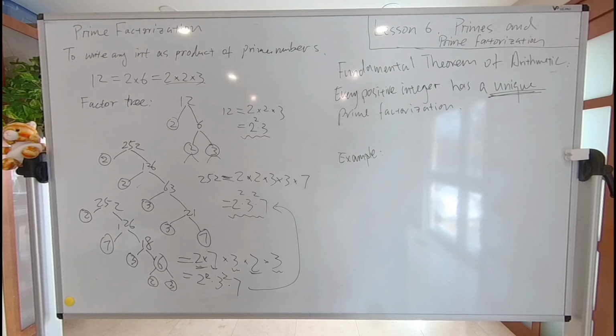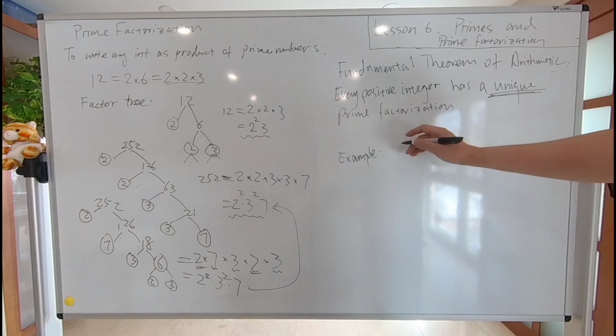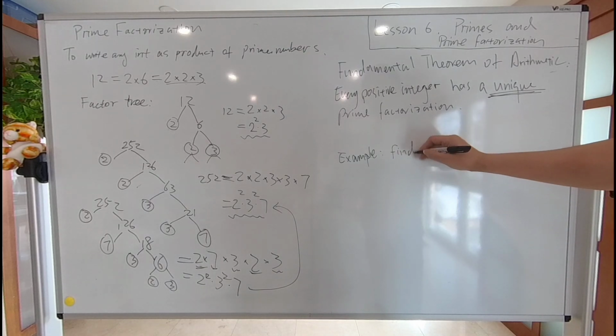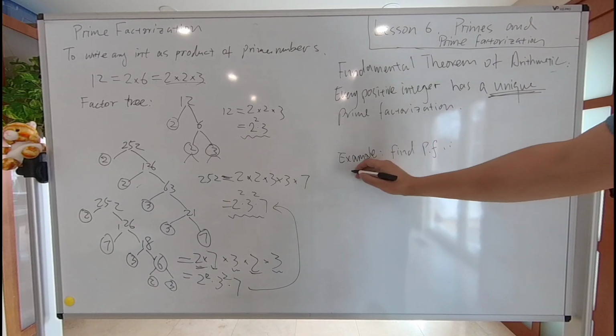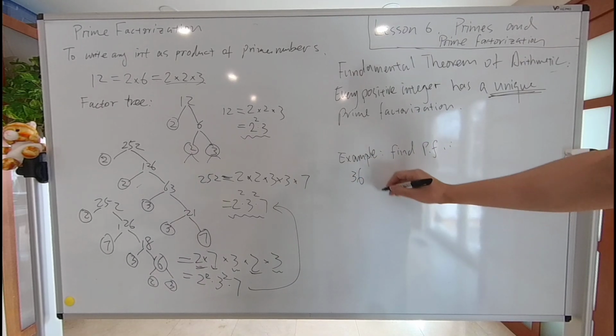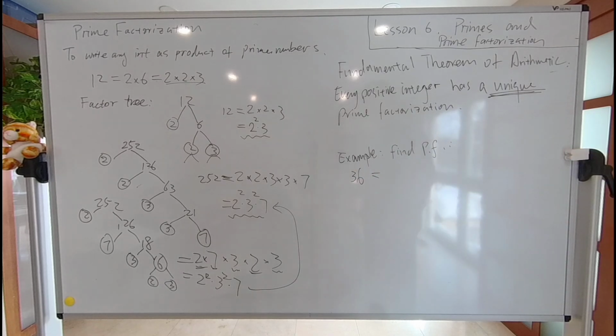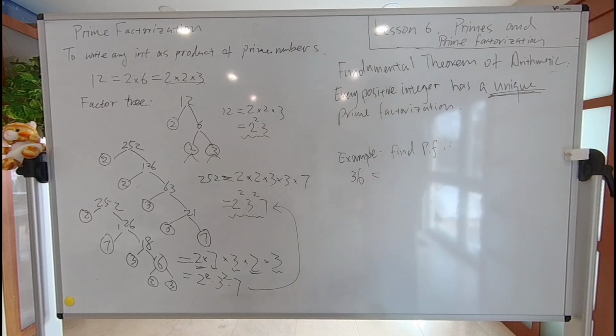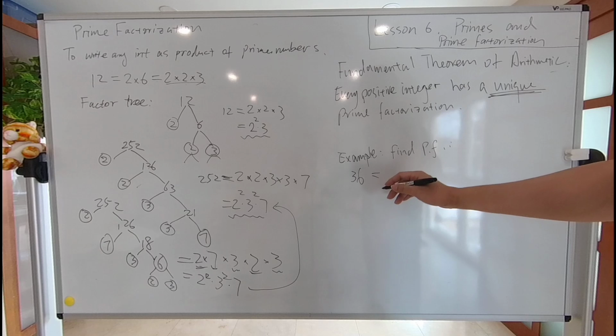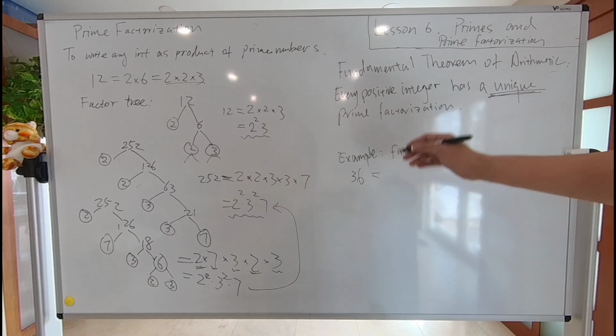Let's see one more example, to find the prime factorization of 36. This time you can still feel free to use the factor tree yourself, but to fast forward a little, I'm not going to use the factor tree, though I'll still use the same method.